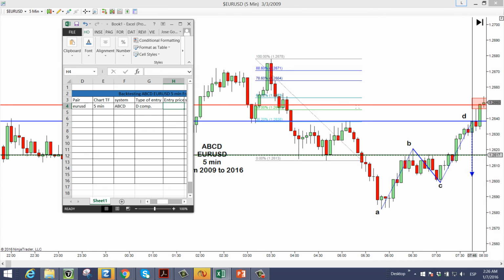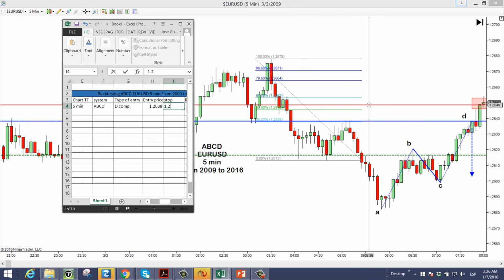Entry price was 126.38. My stop was at 126.49. My first limit order was at 126.17.